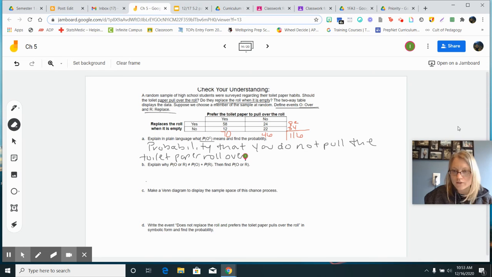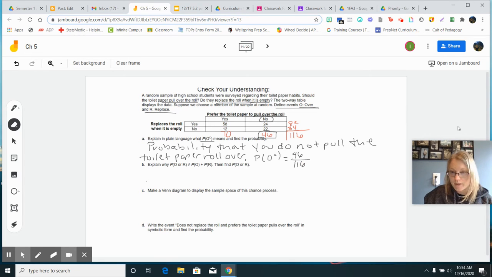So to find that probability, we just got to find the amount of people that do not pull the toilet paper roll over. So if we look at our events, we're doing columns here for if you pull the roll over, and no, we want somebody that doesn't. So there are 46 people that don't pull the toilet paper roll over out of 116 people total in my table.